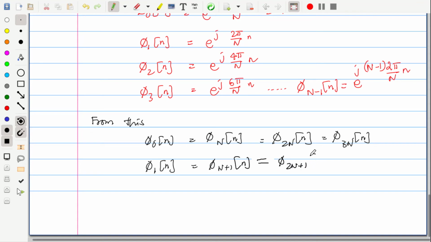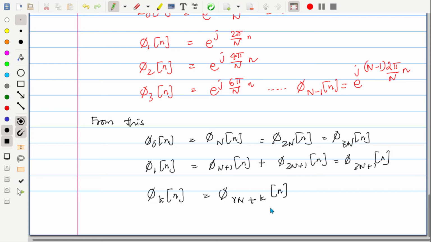So this will continue. Generally we can write φk[n] is equal to φ(k+rN)[n]. This equation says that when k is changed by an integer multiple of capital N, that is, an integer multiple of the total number of samples, identical sequences are generated. Harmonically related complex exponentials will not keep on going. Instead we have only N distinct ones.